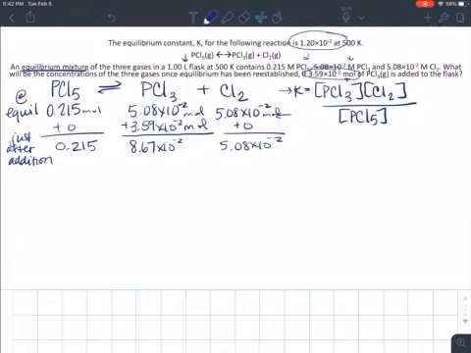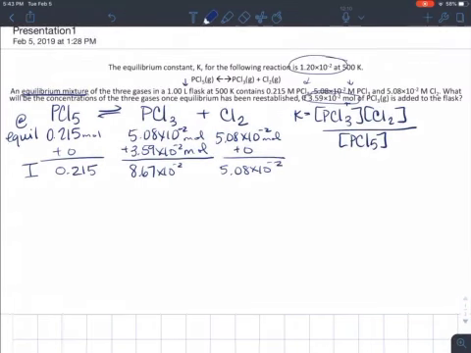So right now, this is just after the addition. And I want to know what the concentrations are once this system here reaches equilibrium, which means that I can take this just after addition and I can change it to I. All right, now we have our new initial quantity, because remember that's what I stands for in our ICE table.